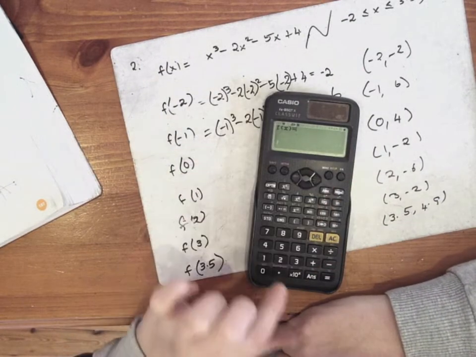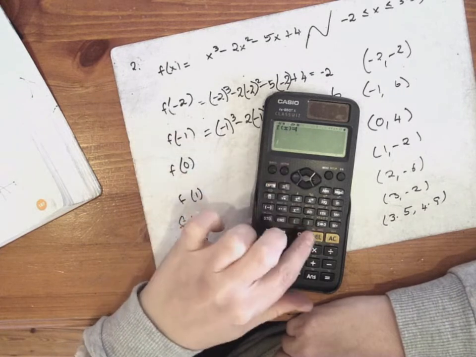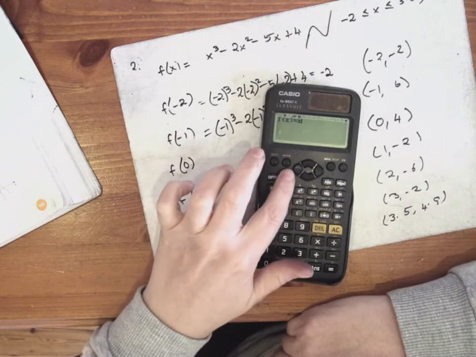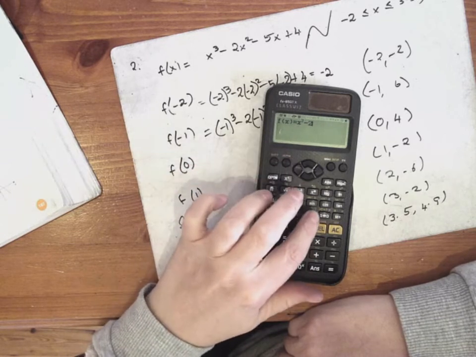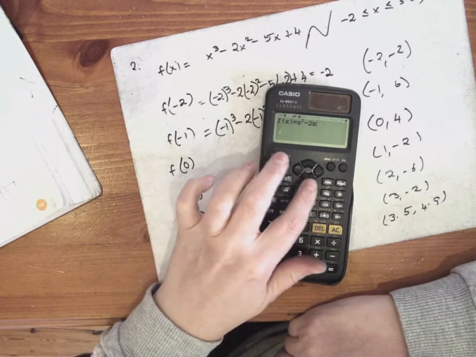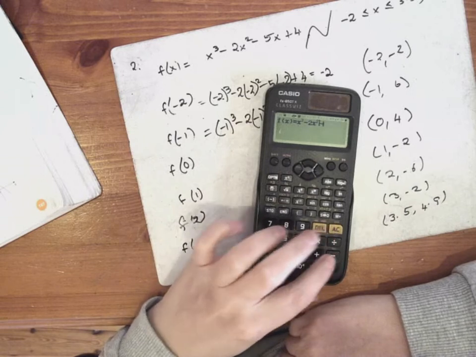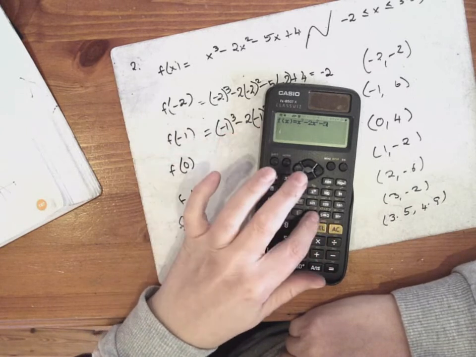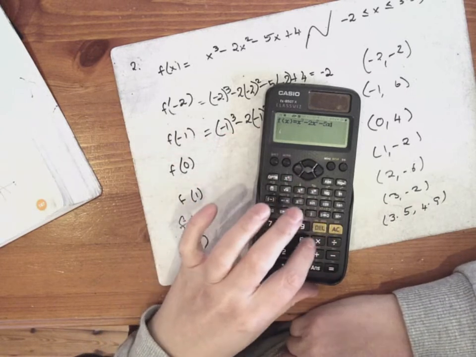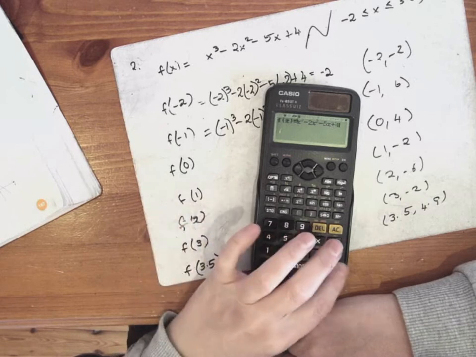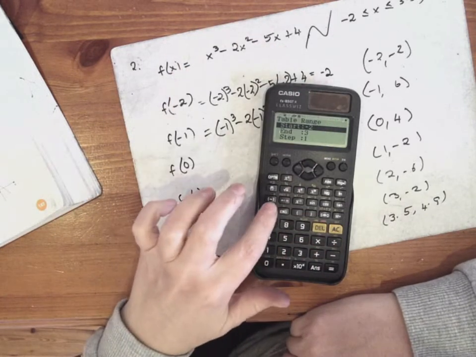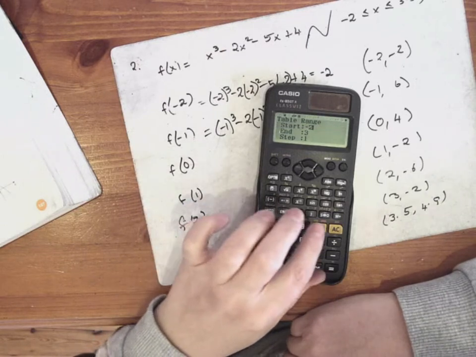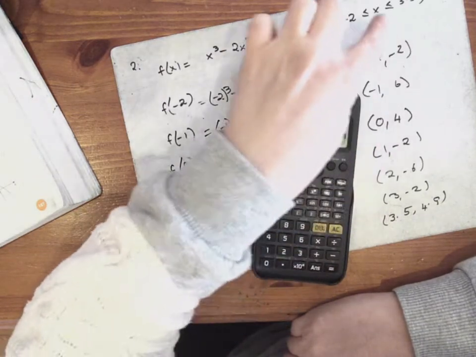You press mode 3, then alpha and close bracket for the x, then cubed, minus 2 alpha close bracket for the x, squared, then minus 5 alpha close bracket for the x, and then plus 4, equals. Then your start is minus 2 and your end is 3.